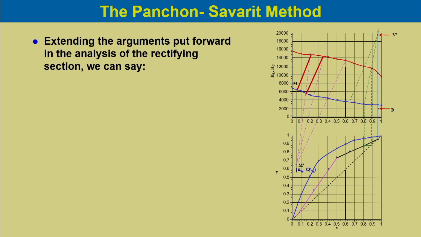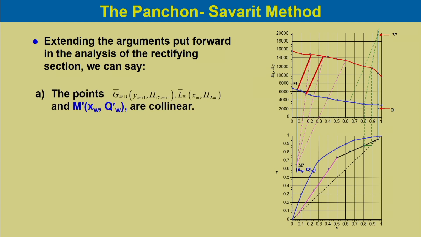Extending the arguments put forward in the analysis of the rectifying section, we can say the points G m bar, that is having coordinates y m plus 1 h g m plus 1, and L m bar x m h L m, and m dash x w q w dash, which is shown over here.